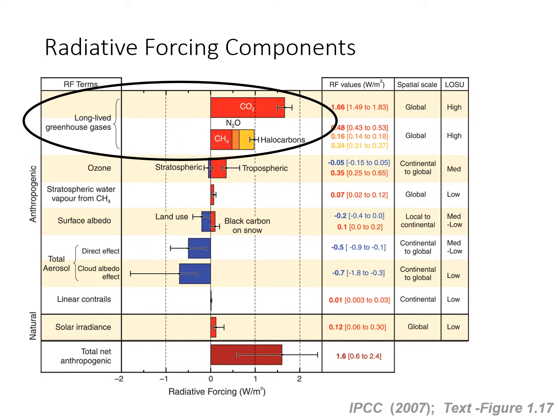The last column shows the level of scientific understanding, or LOSU. An LOSU gives you an idea of the probability that the radiative forcing is accurate. A high LOSU indicates that the probability that the RF is accurate is high.